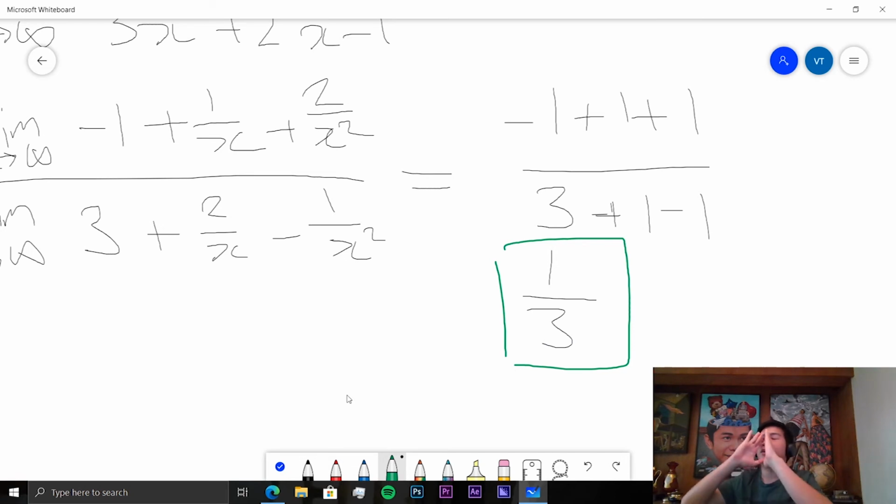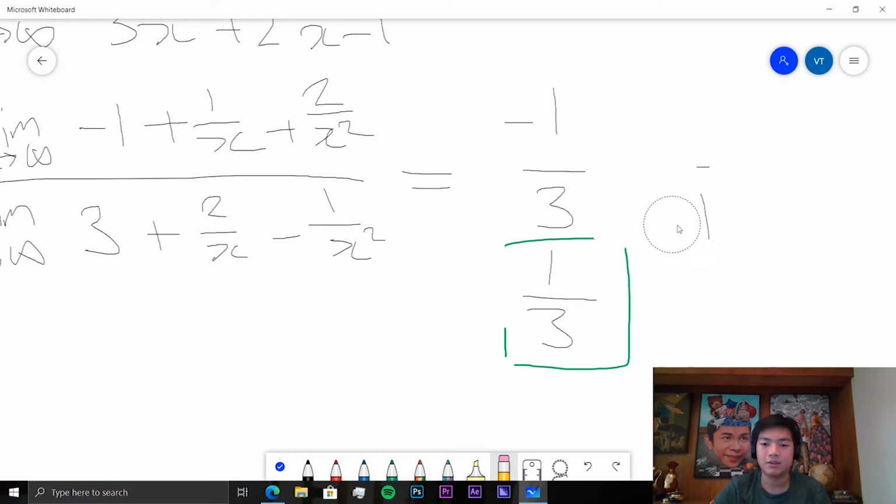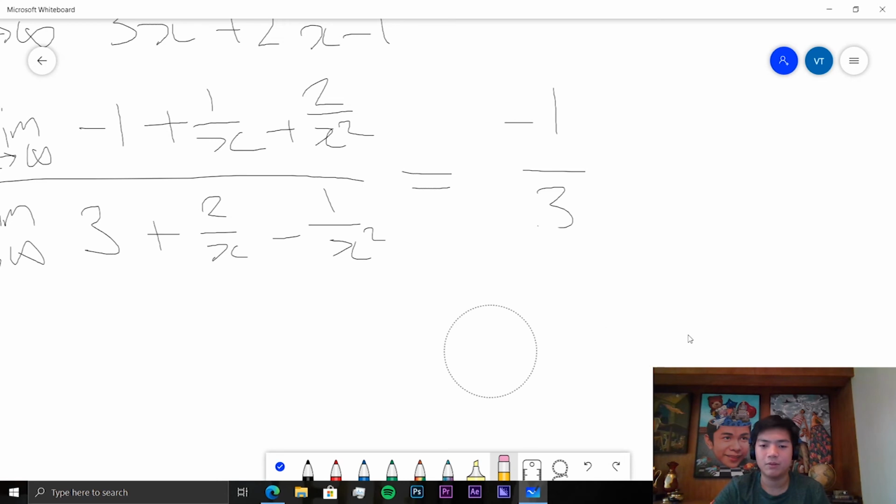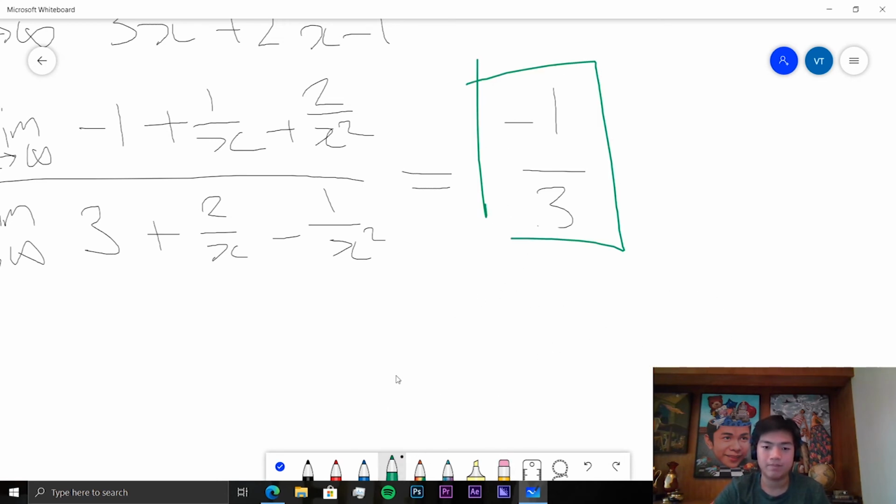Oh wait, no, sorry, I'm getting mixed up. Any term that's being divided by x, as x tends to infinity, will tend to 0, since it just gets smaller and smaller and will eventually reach 0. So the final answer is simply negative 1/3. My bad. Okay, on to the next one.